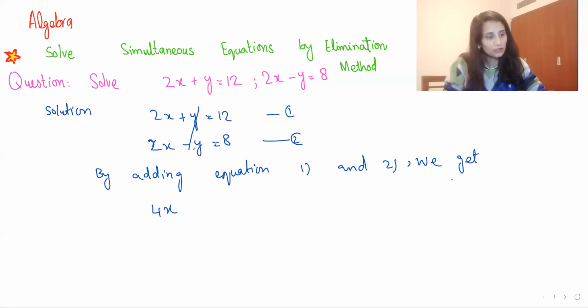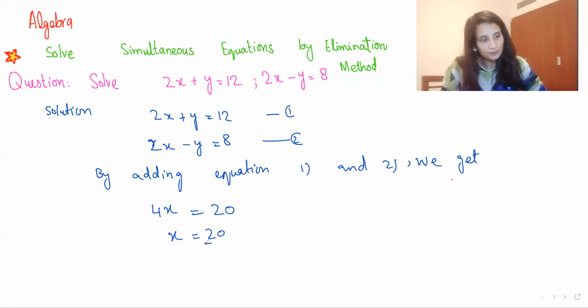These cancel each other out when we add them, and 12 plus 8 gives us 20. So 4 is multiplied with x, it will divide 20 on the other side. 4 fives are 20 and we get x is equal to 5.